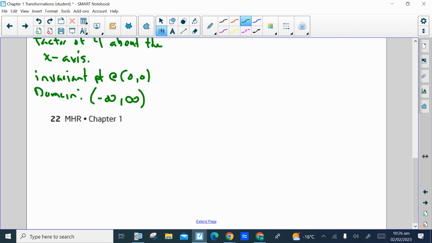And the range would go from 0, which is included, so hence we use the square bracket, up to positive infinity, which again cannot be included, so you must use the rounded bracket there. So there's our domain and range.